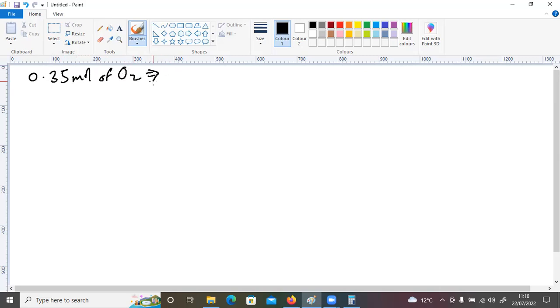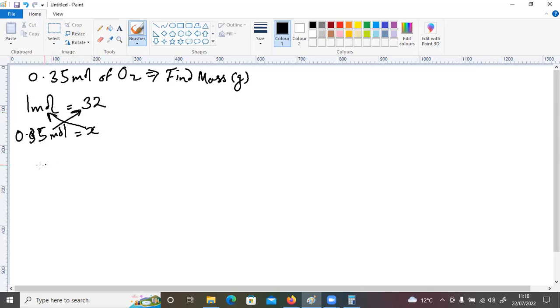Find the mass. And mass, of course, will be in gram. So what do I do? I know that 1 mole of oxygen gas is equal to 32 grams, 16 by 2, or you remember the relative molecular mass. What about 0.35 mole is equal to what?